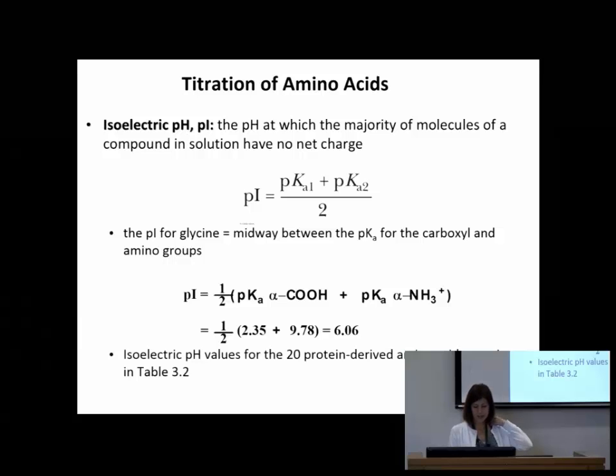Now, I want to say something about calculating them for a protein. What people do is they take a look at your peptide chain for a protein, and they take a look at the side chains, and they do the exercise at, say, pH 8.